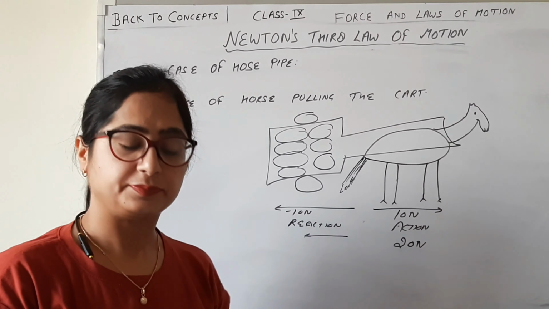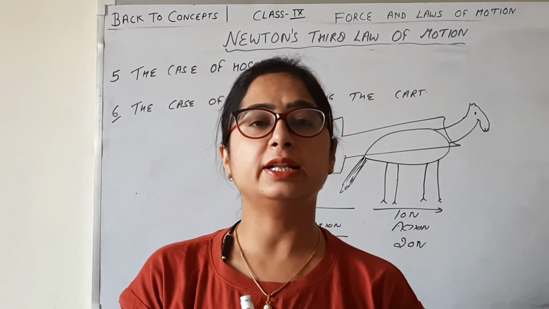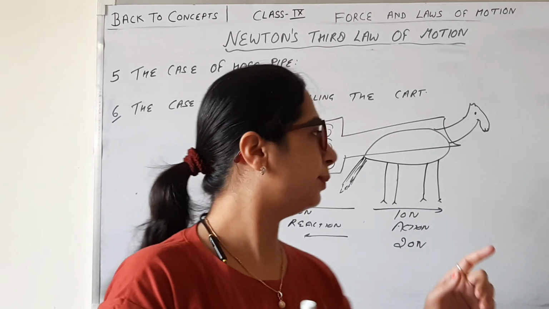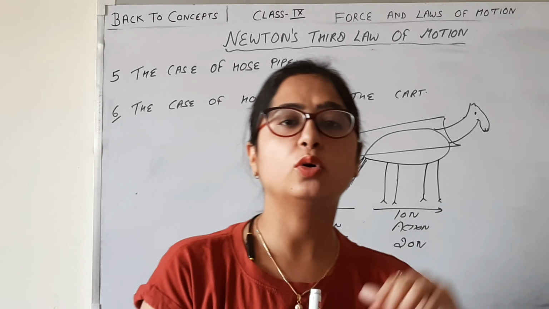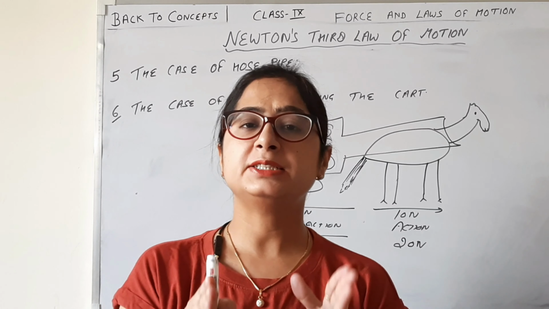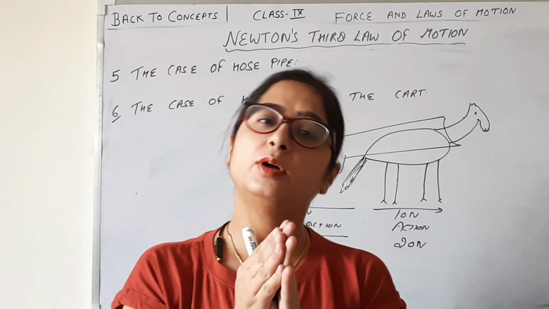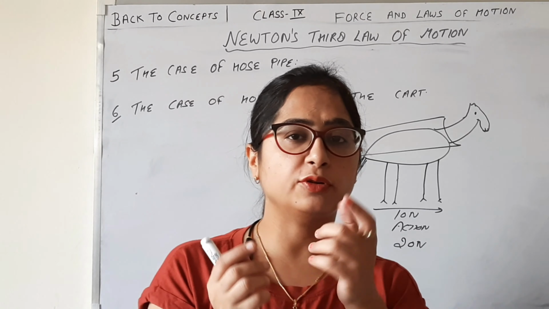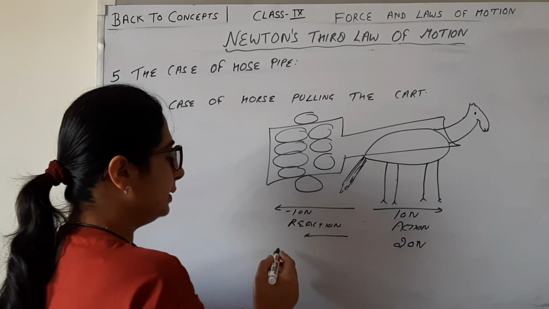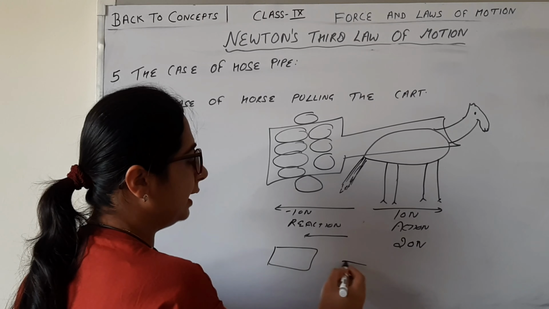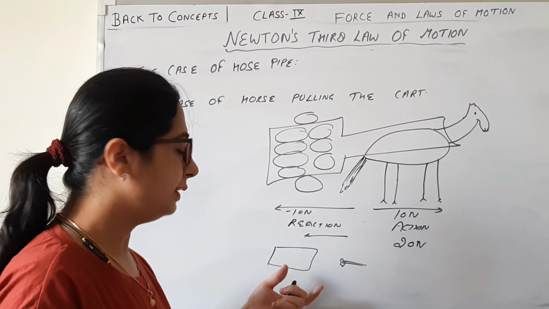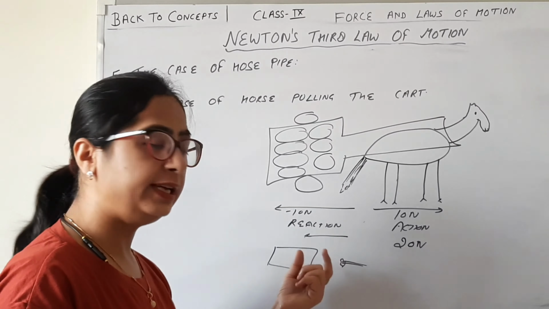Okay. So it's not necessary that the two interacting bodies, like in all the examples we studied, must be in contact for action and reaction. They may or may not be in contact. For example, this is a magnet and this is an iron nail. There is an equal and opposite reaction on each other.